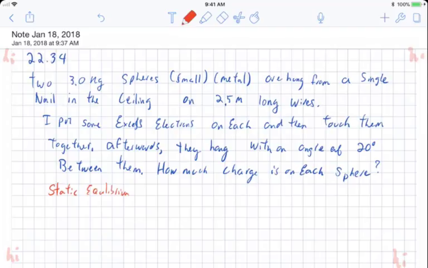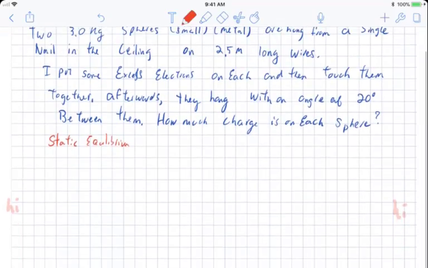The idea being that you have your two balls and they're on these ropes and they're sitting like this. So they're just sitting in the air and there's 20 degrees between them. Why are they just floating in the air?